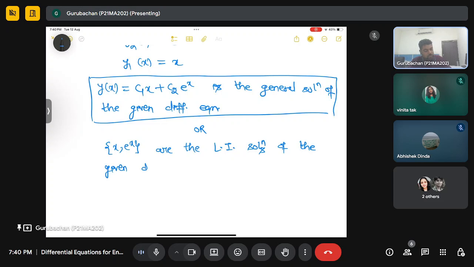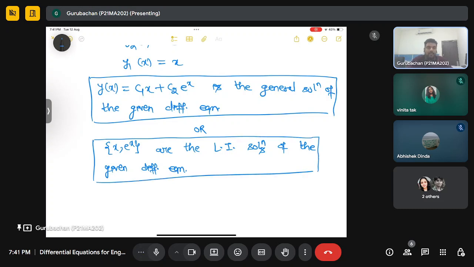And as I told you earlier, this differential equation is of second order, so it has only two linearly independent solutions.